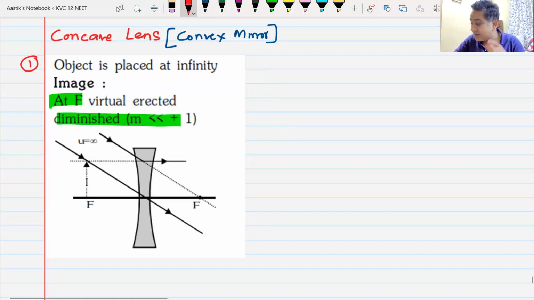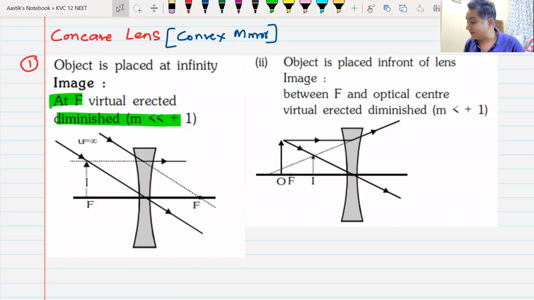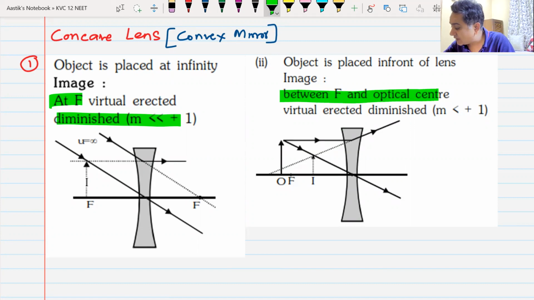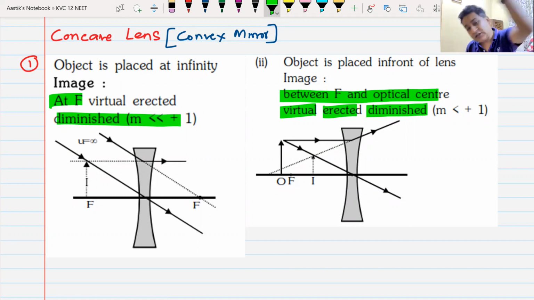The image is formed like this. When the object is at any other place, the image is between F and optical center. It is virtual, it is erect, and it is diminished. Do we understand this? The same thing can be said for a convex mirror. The only difference is there the image is virtual also, but it is on the other side, the virtual side.